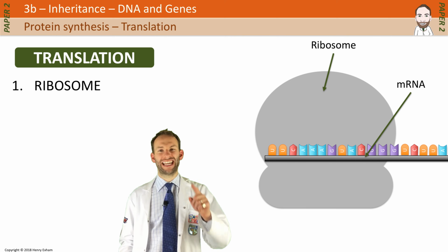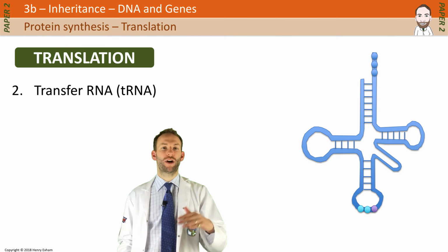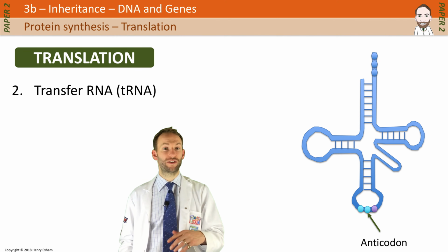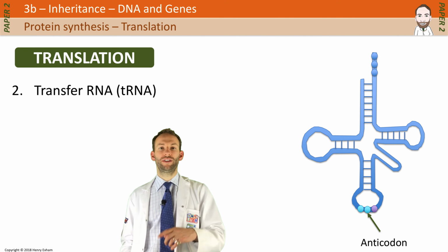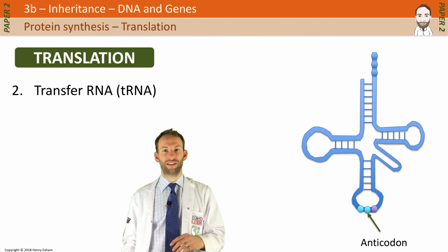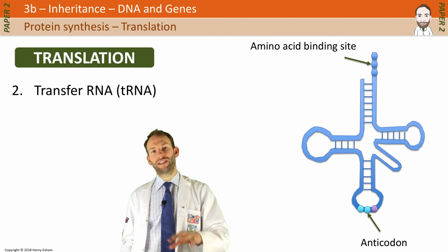So transfer RNA is this kind of cloverleaf shaped molecule, and you can see at the bottom there are 3 little bases which are going to be complementary to the codon. We call them the anticodon. And at the other end of the molecule, you can see where the corresponding amino acid will bind.